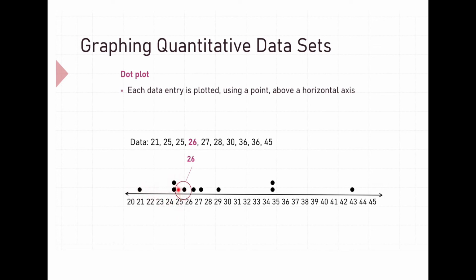So we had 2 25s, and so they should be stacked above 25. These are shifted a little bit for some reason. So we had 2 25s, we had a 21, we had a 26, 27, 28, 29. I think this is supposed to be 30, actually. Somehow these have been shifted a little bit in this particular picture, but you get the idea.